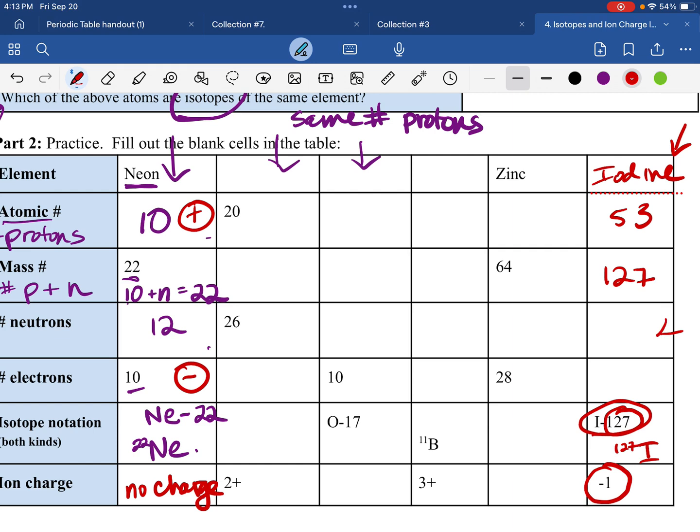And then I'm going to let you guys figure out how many neutrons it must have. And then how many electrons must it have if it has a -1 charge? There's 53 positive charges. How many negative charges would there need to be so there's an excess of 1 negative charge? There would need to be 54. Okay, so I'll let you do the rest of that yourself.